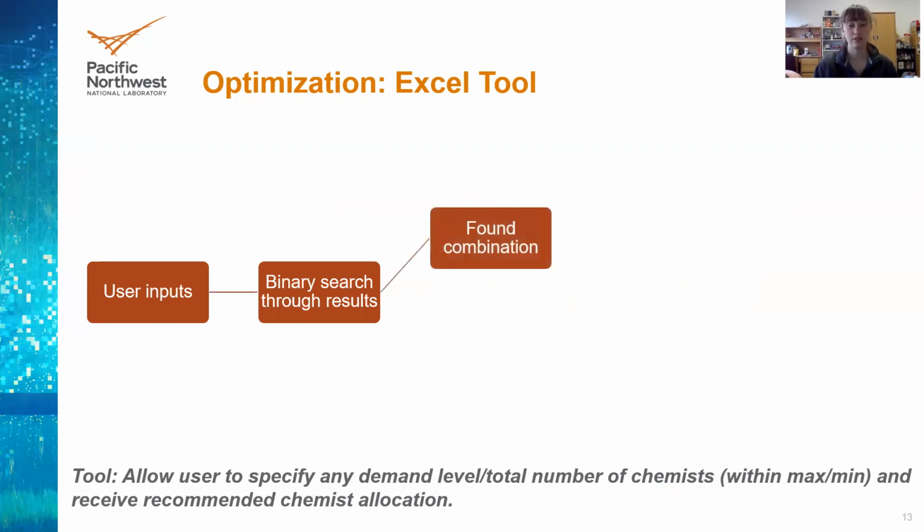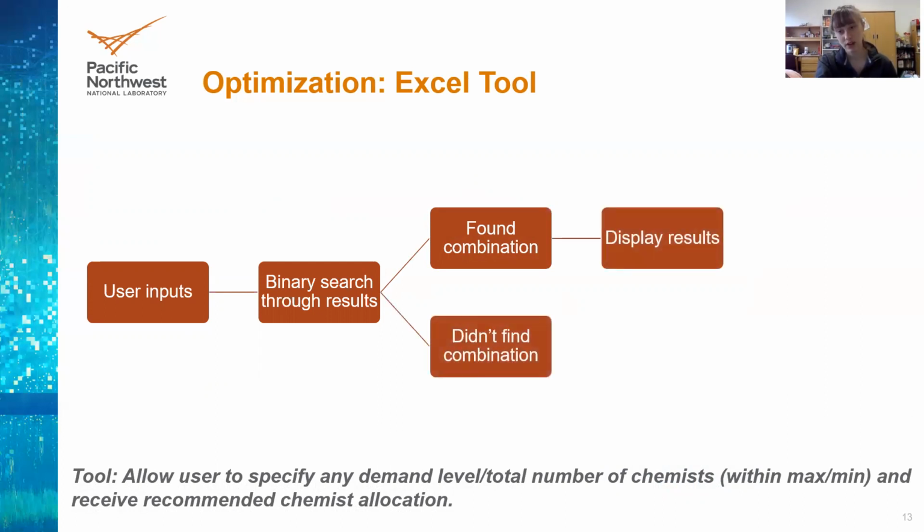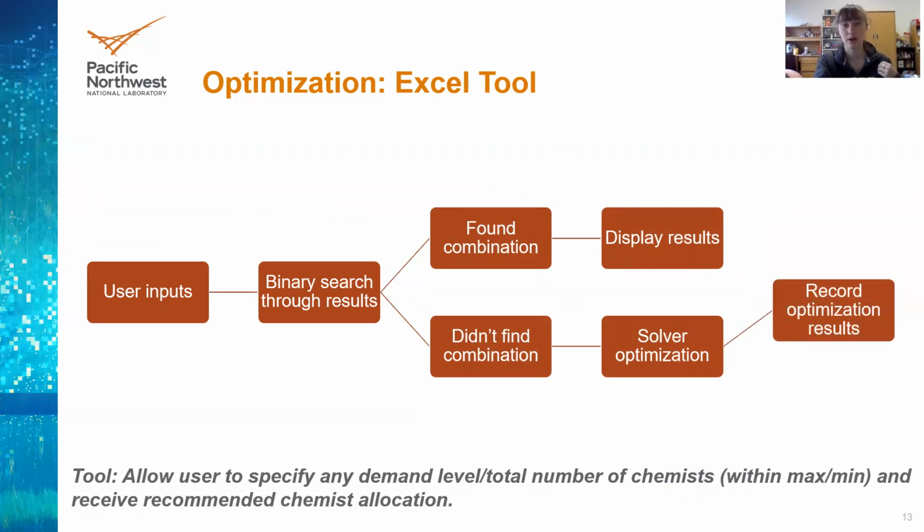If Excel found the combination that had already been run in this tool, then it would display those results from that combination. If not, it would call on Solver to optimize the specific scenario that the user wanted to look at, record those optimization results in the table for future use, and then display those optimization results to the user.